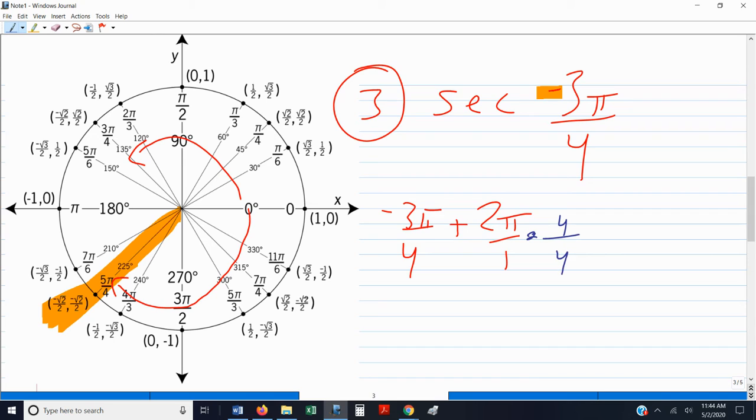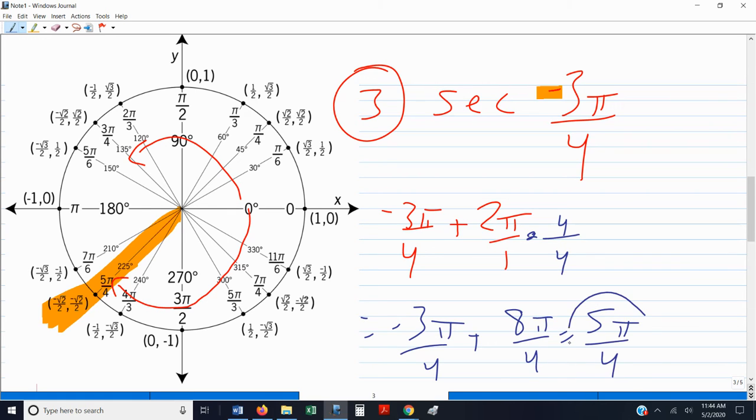So you're multiplying by 4 over 4. So you have negative 3 pi over 4 and 8 pi over 4, which is 5 pi over 4. And if you have a positive angle, 5 pi over 4, and that's the method you're using, then you're just looking for where 5 pi over 4 is on the unit circle. It's right here. So either one of those methods finds your angle.